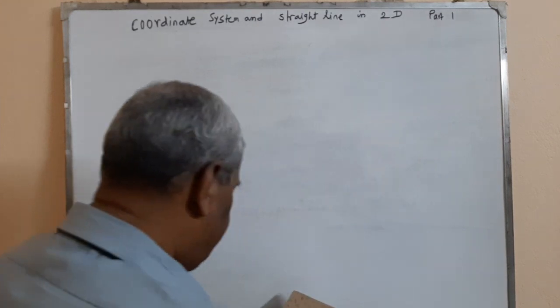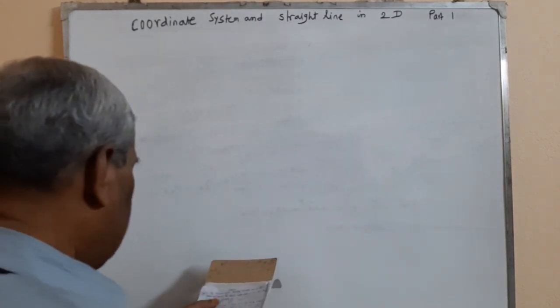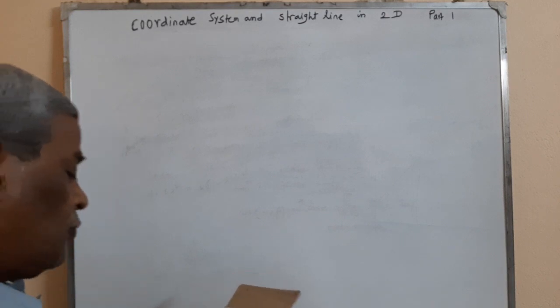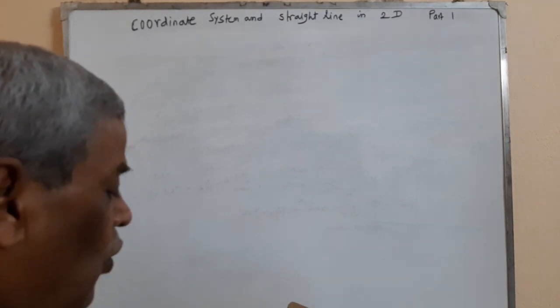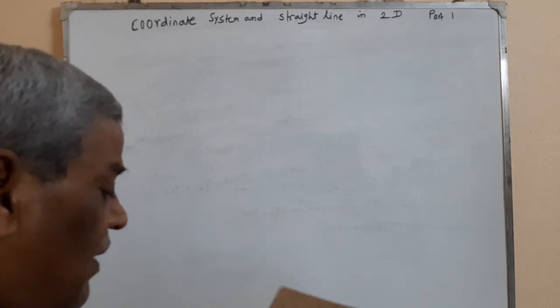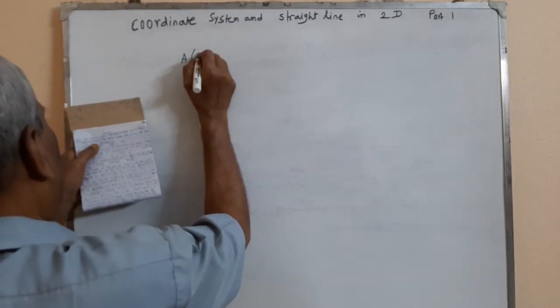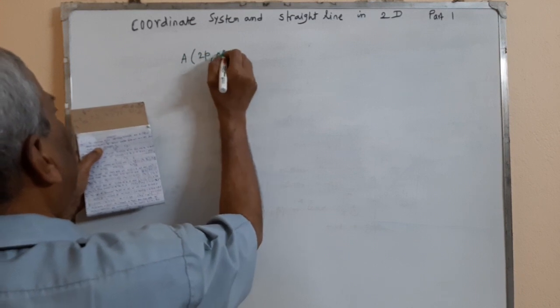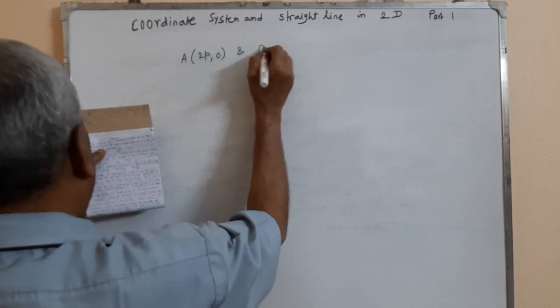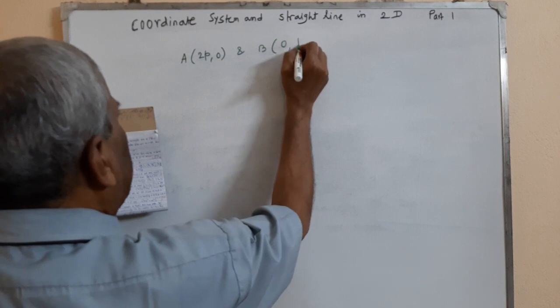First problem. The vertices of the base of an isosceles triangle are at A (2p, 0) and B (0, p).